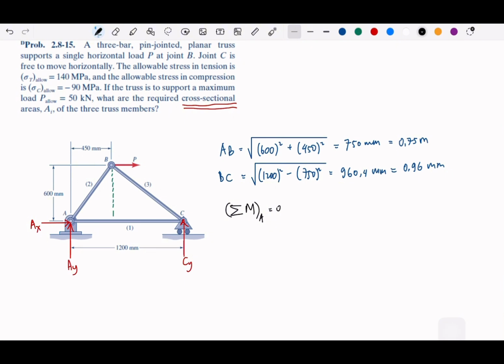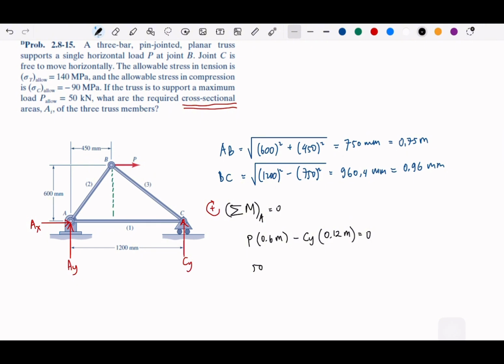First is P, and we define which one is positive. I think this one will be positive. So P times 600, or 0.6, and then minus CY times 0.12.